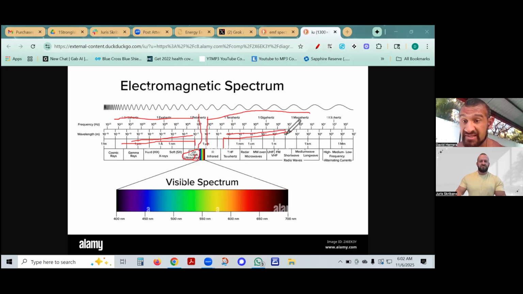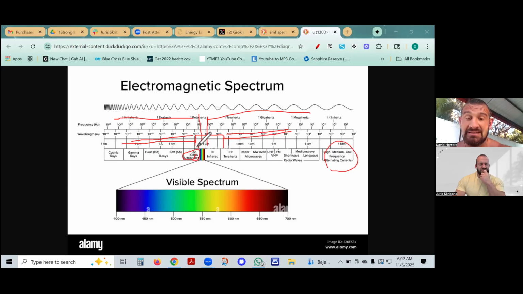They're being put out by the sun. So the sun is putting out X-rays, gamma rays, shortwave radio waves, and alternating currents like this. That's all in space. If you were an astronaut out in space, you'd be exposed to the full frequency range. But when you're on Earth, you're only exposed to this chunk right here, which is slightly bigger than our visible spectrum.